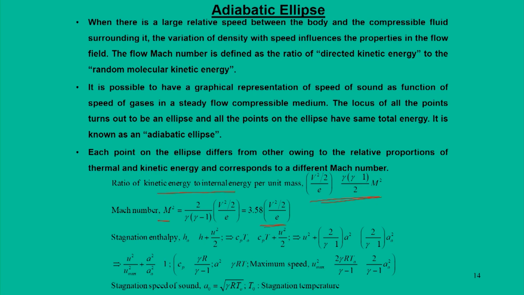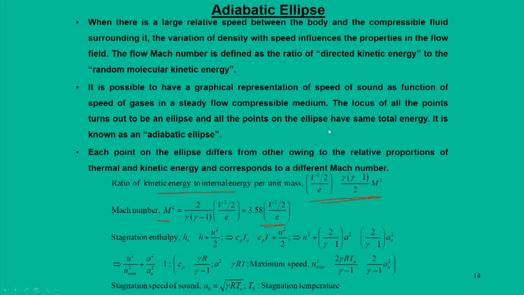Basically, this directed kinetic energy and random kinetic energy are represented in terms of Mach number, or velocity to speed of sound, in such a way that all points on the ellipse have the same total energy. Each point on the ellipse differs from the other owing to the relative portion of thermal and kinetic energy, and corresponds to a different Mach number.